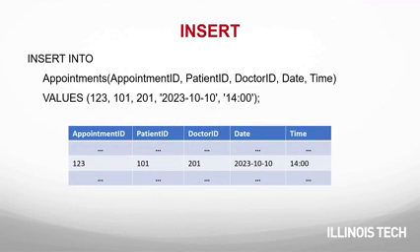That data is then added to the table. If you try to insert into a table data that doesn't match the schema of the table, it's an error. You can't do it.